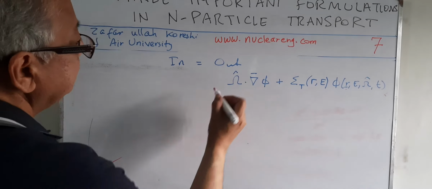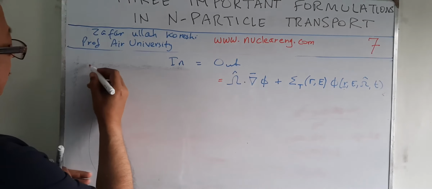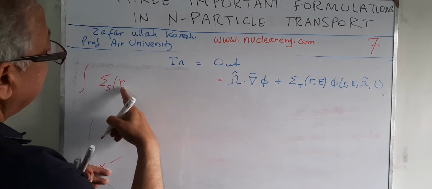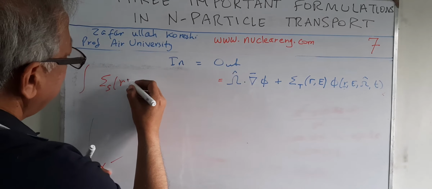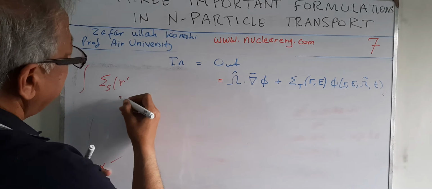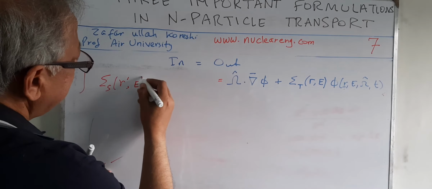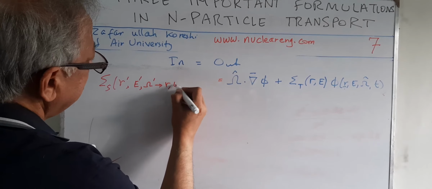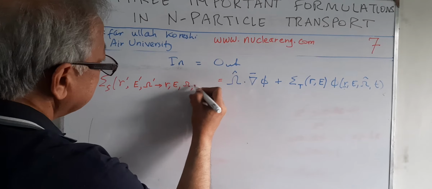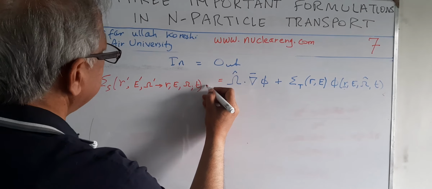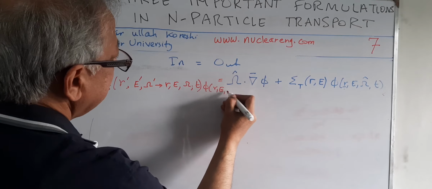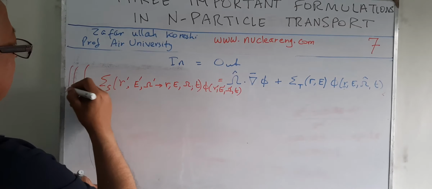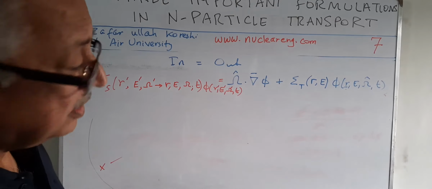And how much is coming in? Well, how much is coming in from scattering taking place somewhere else, right? So it's somewhere else, in some other energy, some other angle, going to R, E, omega at t times phi of R, E, omega, t over here, and integrated over all the initial variables.